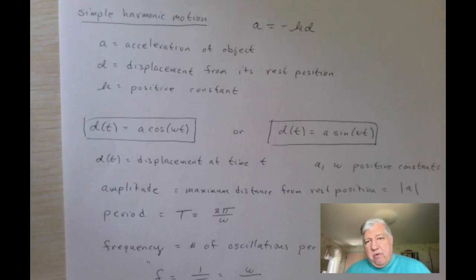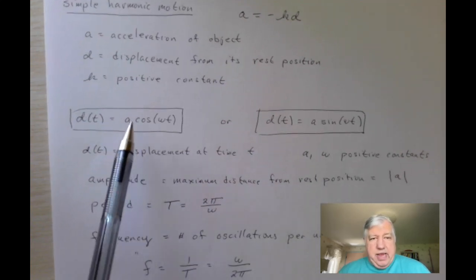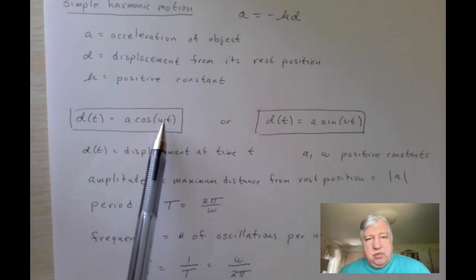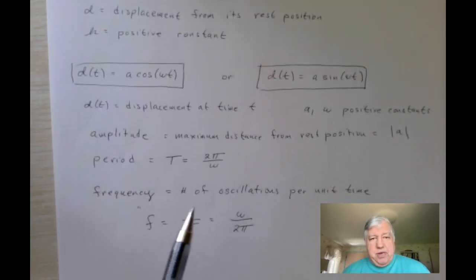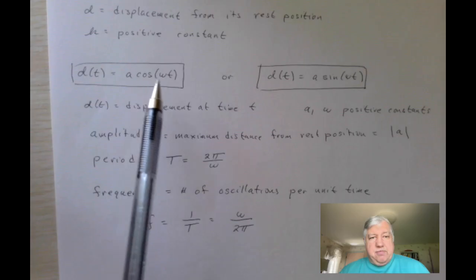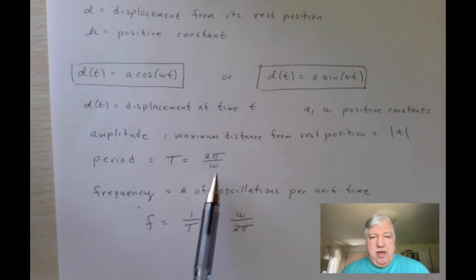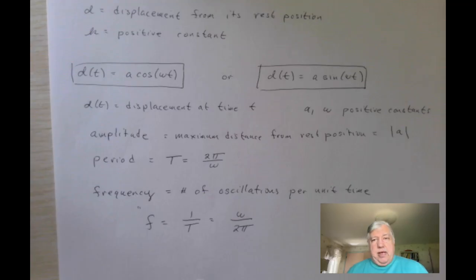If we just consider this as a trig function, we already know that a will be the amplitude, and omega relates to the period. If you graph this function, the period will be 2 pi divided by omega. The amplitude is the absolute value of a, and in this case it represents the maximum distance the object is from its rest position.